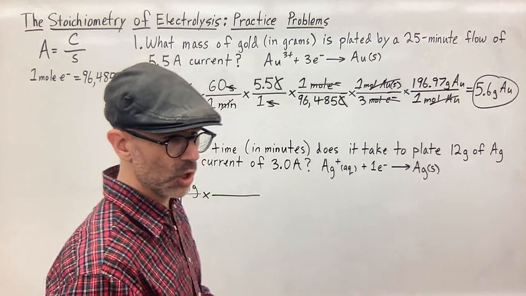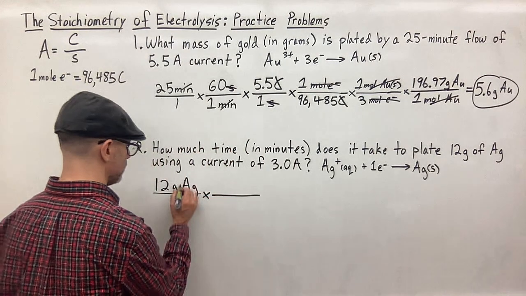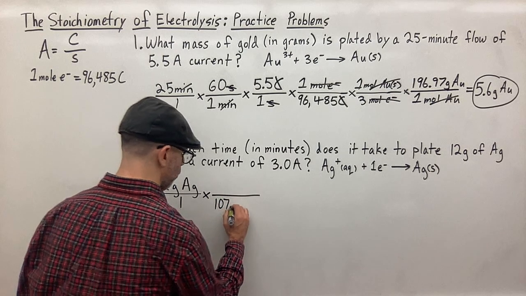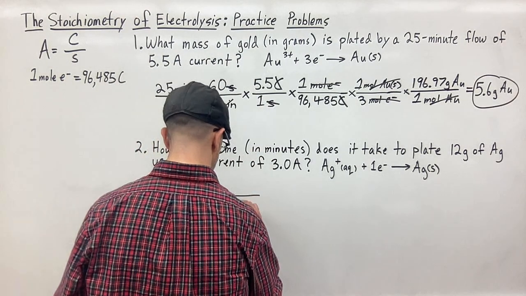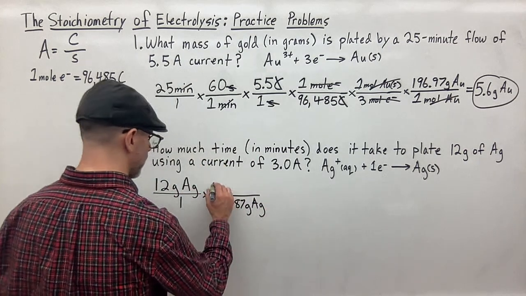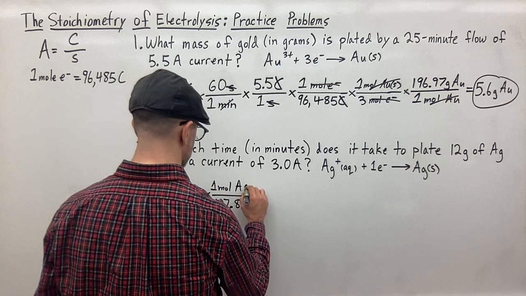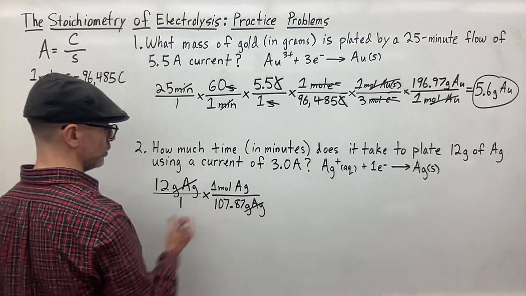And that's 107.87. So here I have grams on the top, so I'm going to put grams. 107.87 grams of silver on the bottom, and then 1 mole of silver on top. So grams of silver cancel out. Now I have moles of silver.